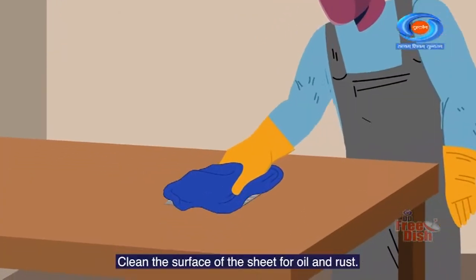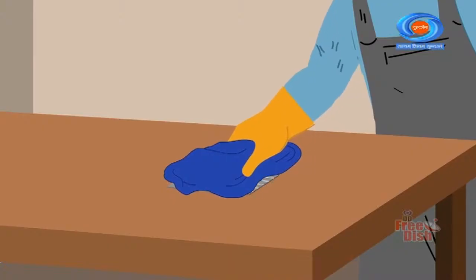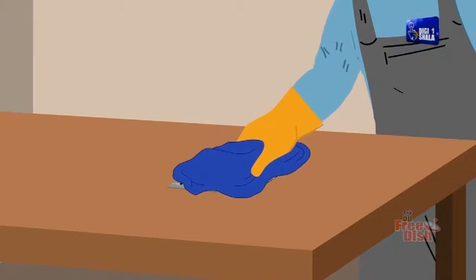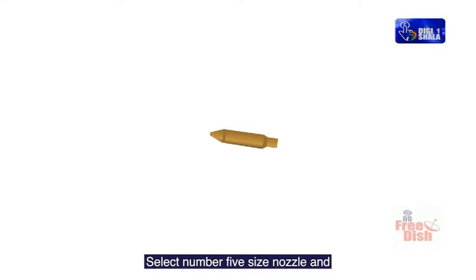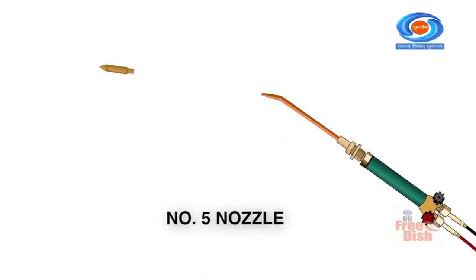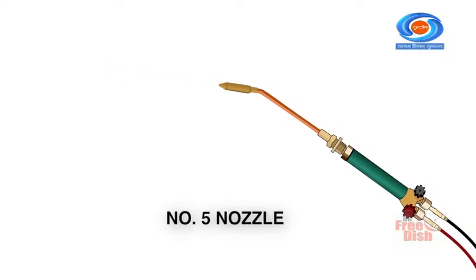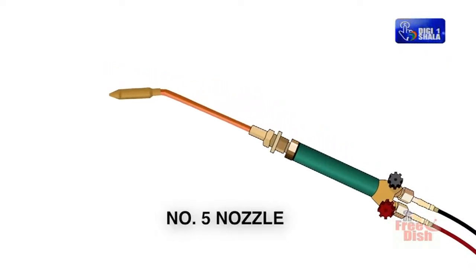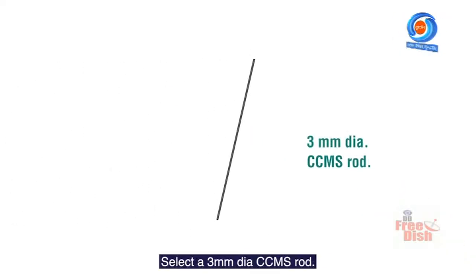Clean the surface of the sheet for oil and rust. Select number 5 size nozzle and fix it to the blowpipe. Select a 3 mm dia CCMS rod.